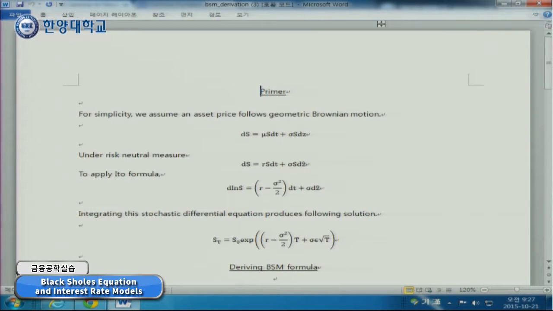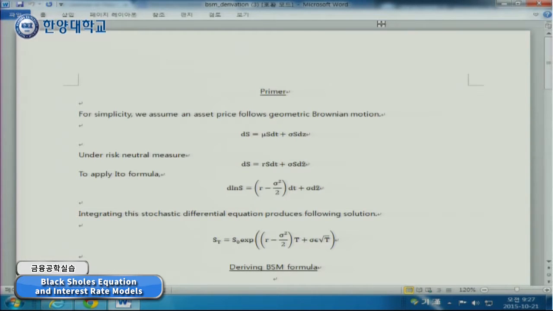So in the risk neutral world, the underlying asset price S should follow this process. Expected return is r. If we apply the Ito formula, then we have this one, right? We did this one. Then if we take integration of each side, the left side is the integration from log S0 to log S at big T. The right hand side is also easy to do. The first term is easy.